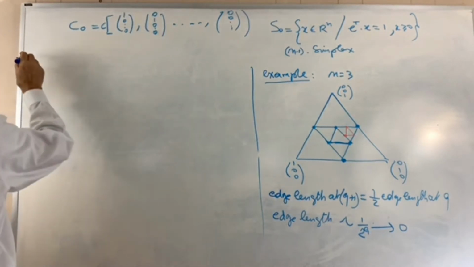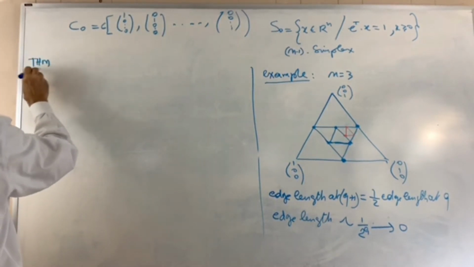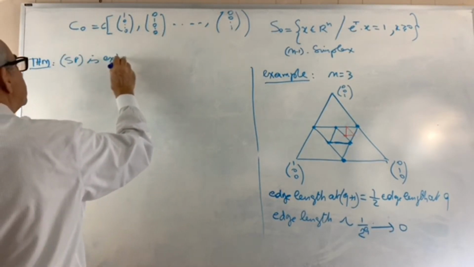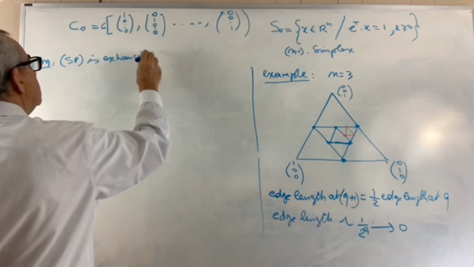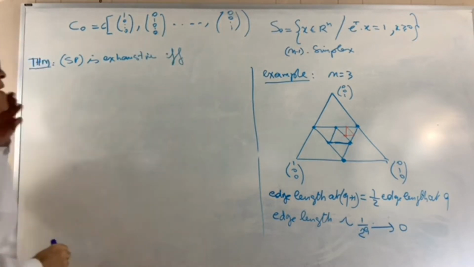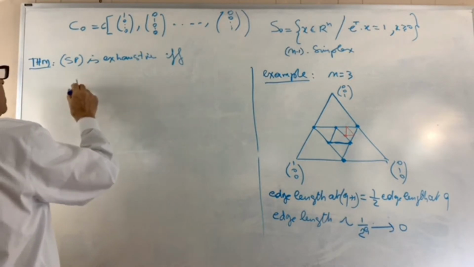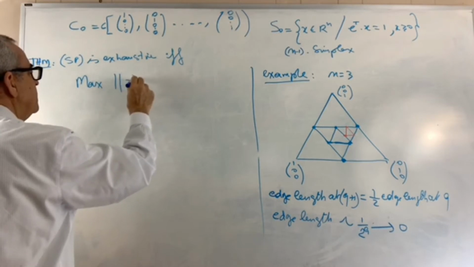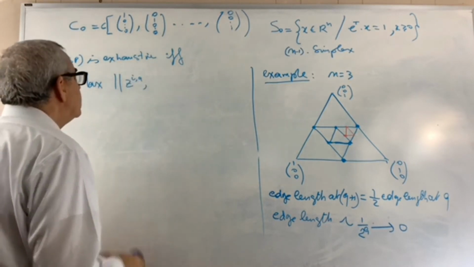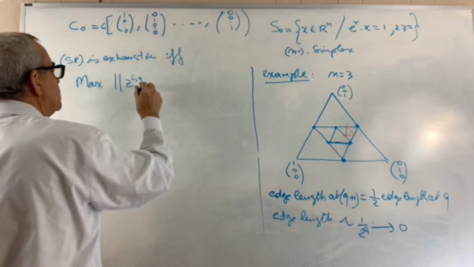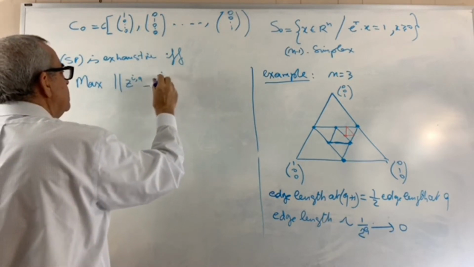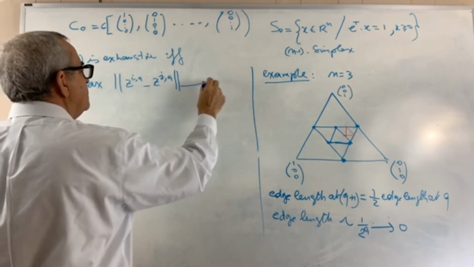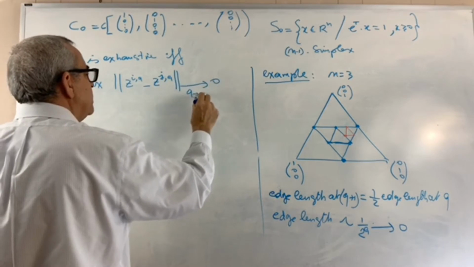So theorem: an SP is exhaustive if and only if the maximum distance between ZIQ minus ZJQ, this norm here, converges to 0 when Q goes to infinity.